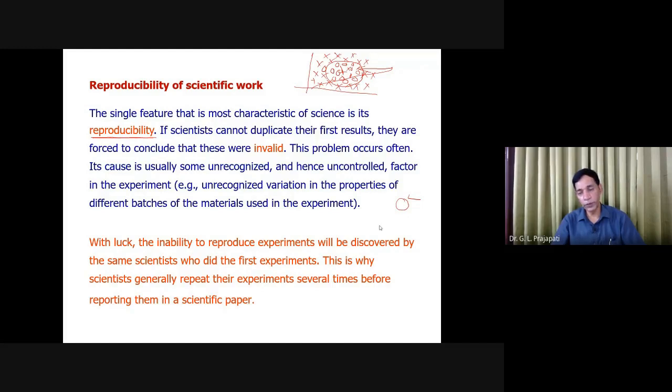If you are not able to reproduce the result, then people say that this is an invalid method. So whenever you go for experimentation, you must be sure that if somebody wants to verify your result with the same conditions, they should get the same answer. Your experimental results should be repeatable, meaning they can be reproduced.